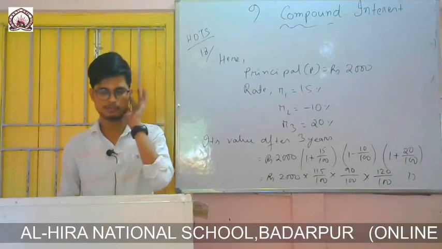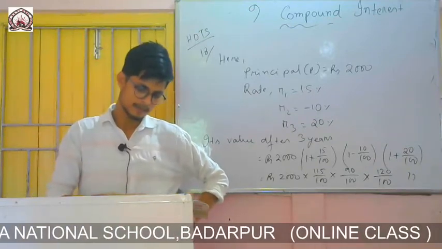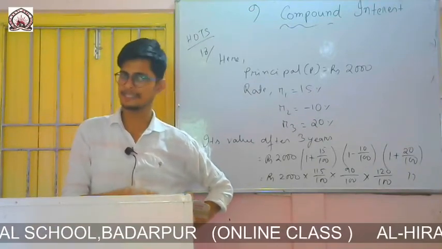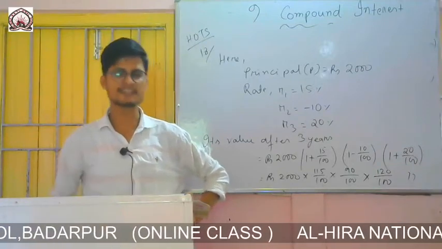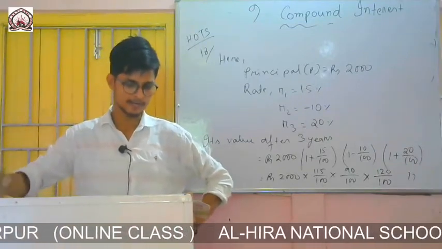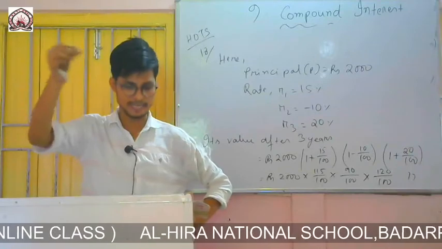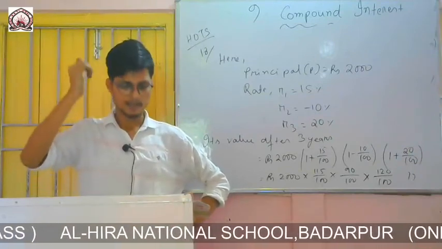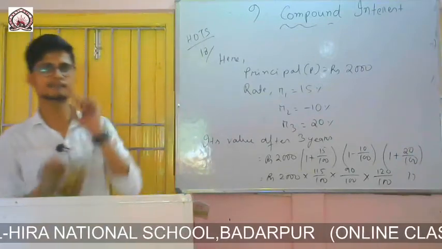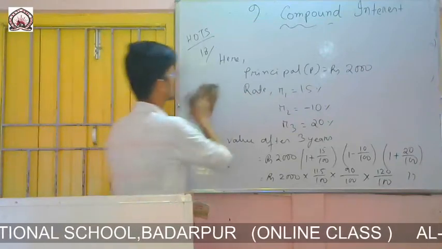The question is to find the principal. Here it is given 2 years, the rate of interest is also given, but only the principal is missing. The question is to find what amount the person should invest in order to get 1323. That means you have to find the principal.